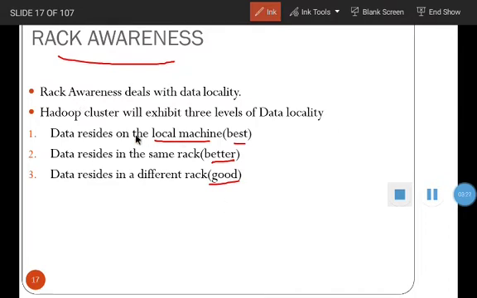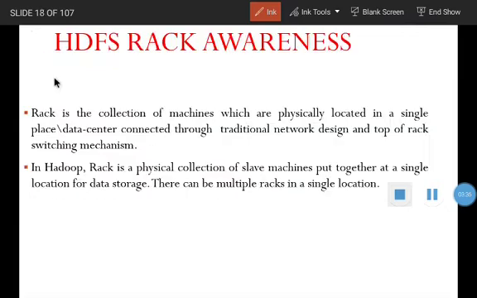If you want to understand rack awareness, first you should know what a rack is. Let us understand a rack with the help of an example.